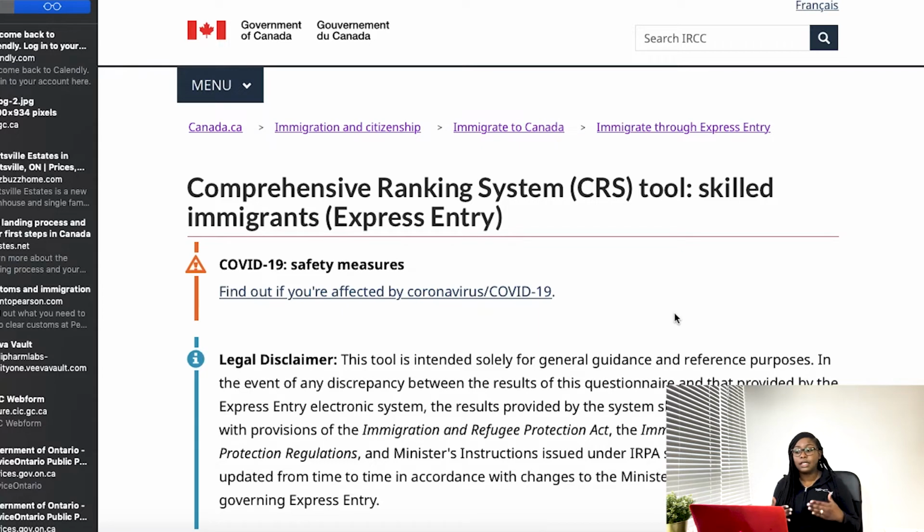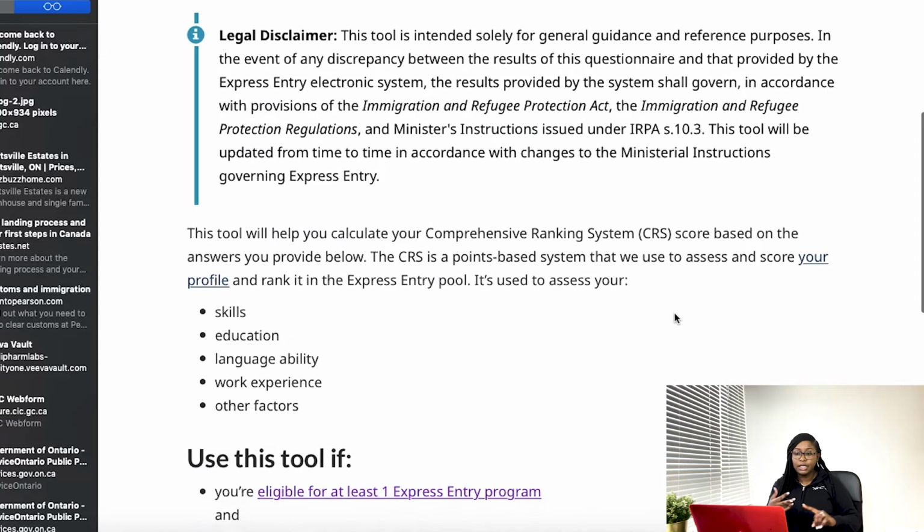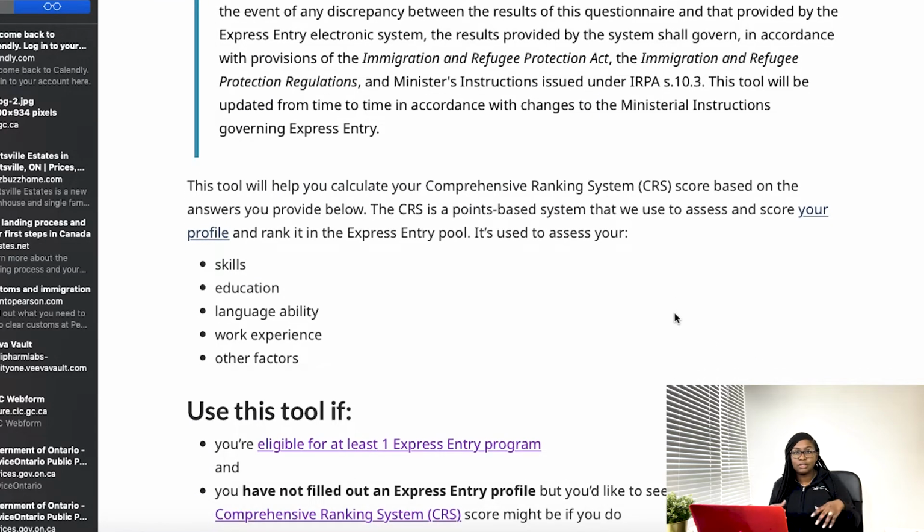This tool helps you know whether you have enough points or not, and this assessment is based on trends that happened before. Like I did in the video before, I'll put it here again. You need education, language ability, work experience, and some other factors, your age and so forth, will go towards this.